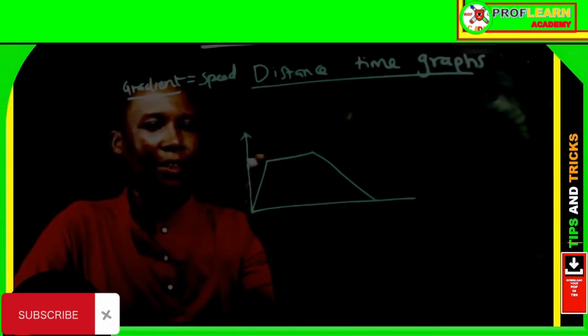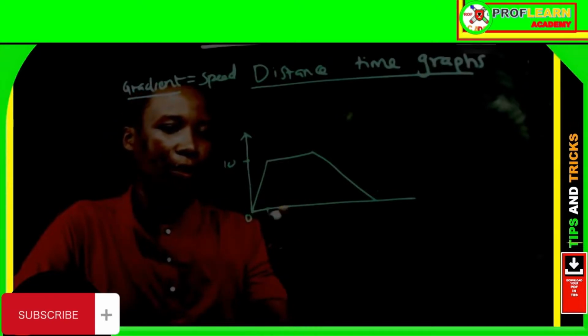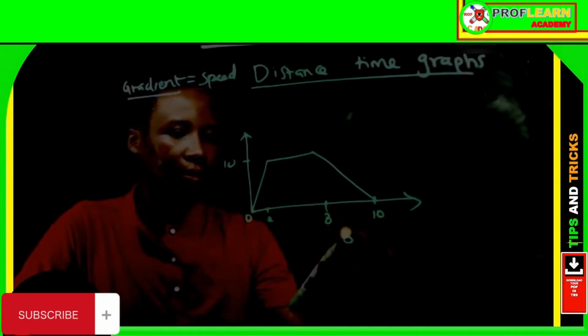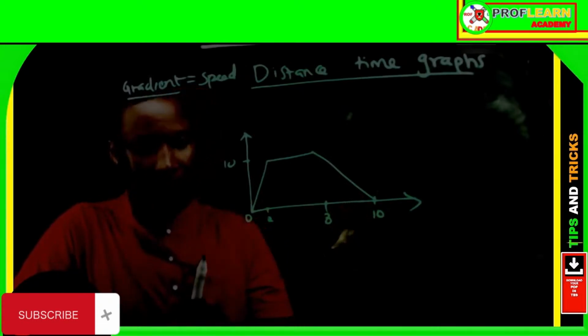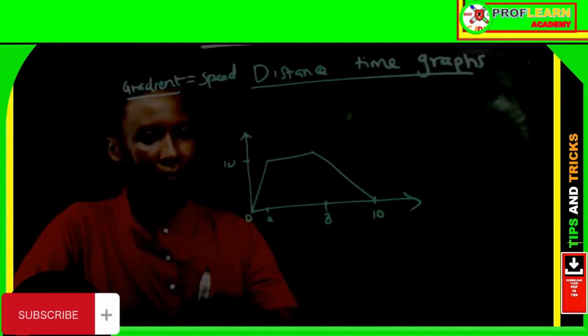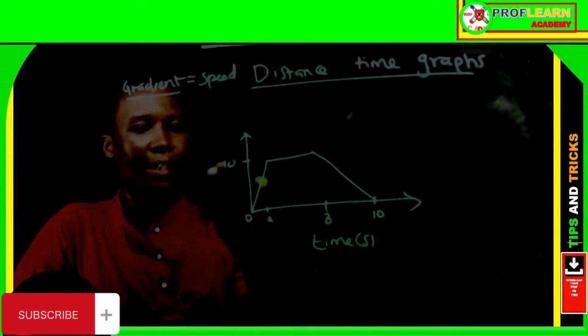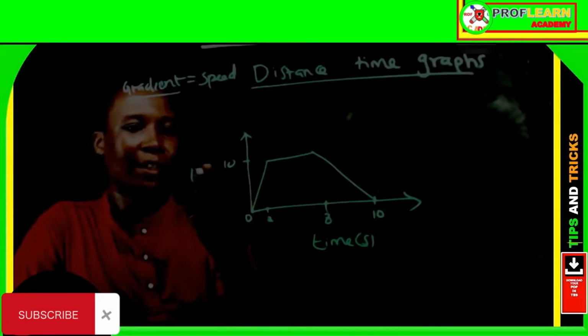So let us say this is 10, this is 0, this is 2, this is 8, and finally this is 10, and this is time in seconds, and this is distance.